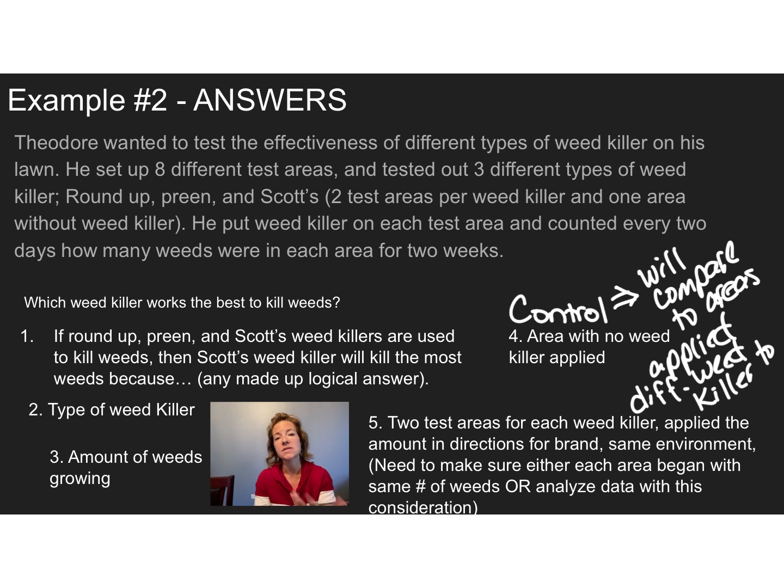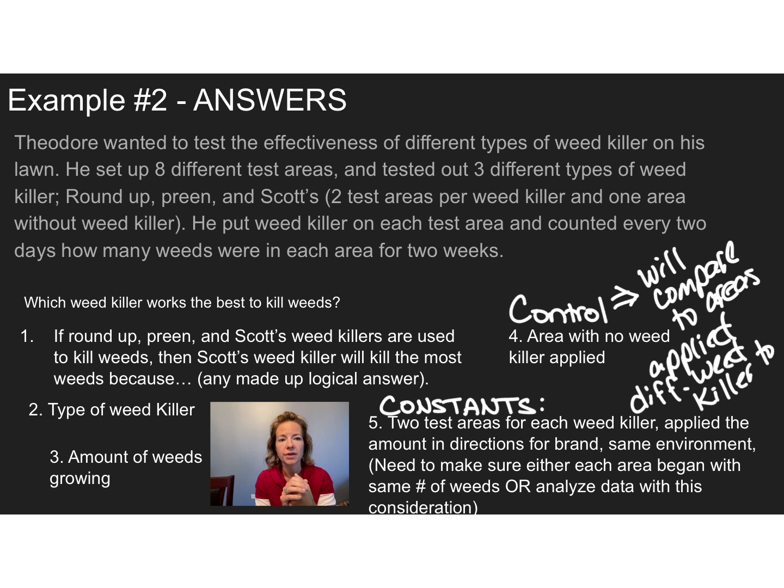And then finally, what are some things that need to be kept the same or constant throughout the experiment? You want to make sure that you are applying the weed killer with the directions of how to apply it. You want to make sure that it's in the same environment so that each area is having the same amount of sunlight, the same amount of rain.